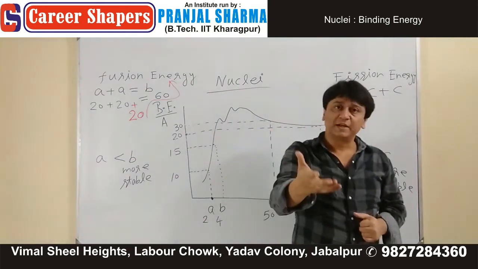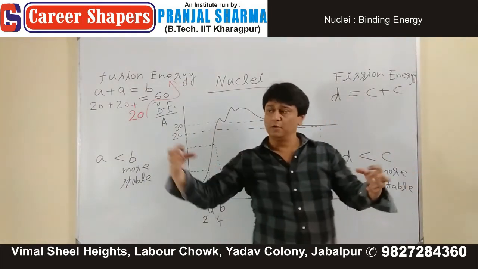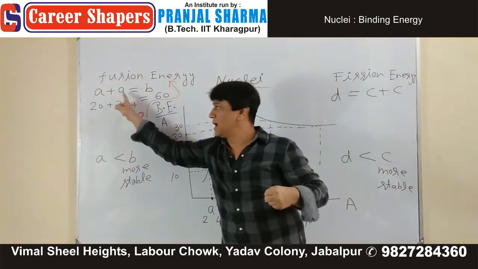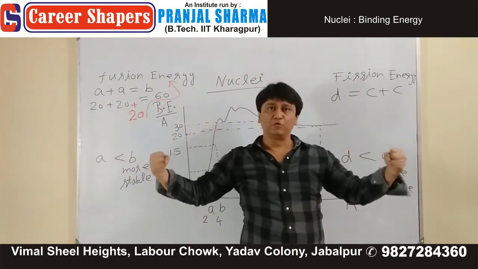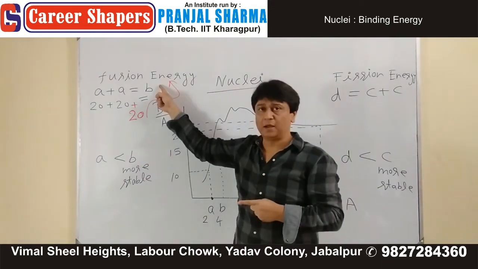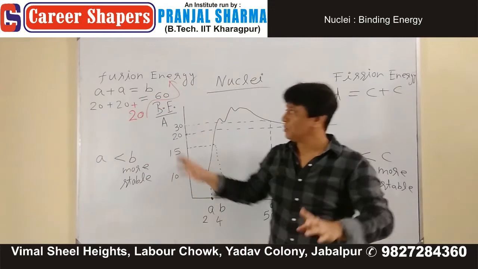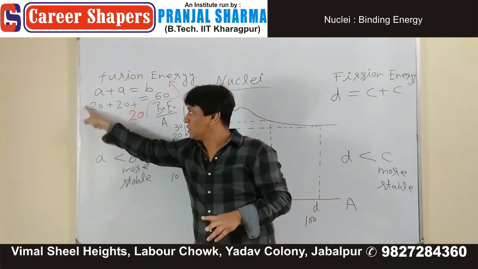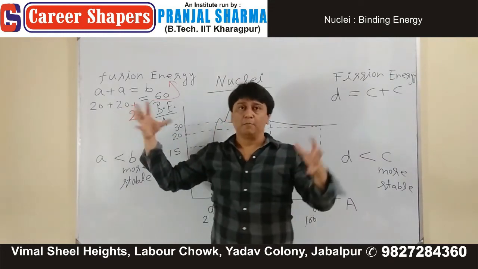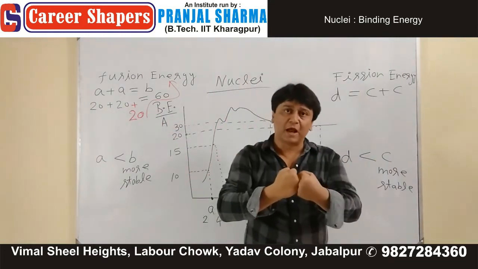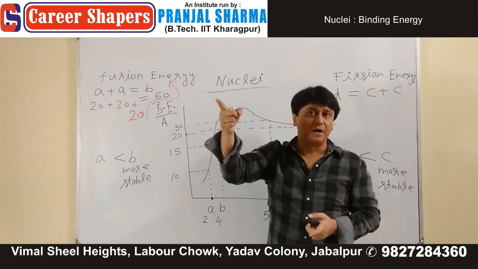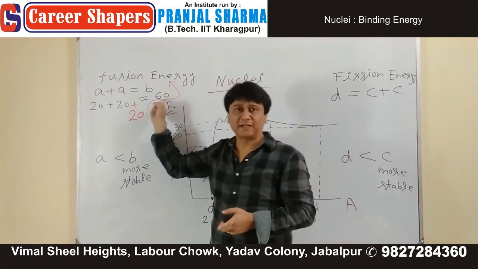But now you decided that you will fuse A with another A. So when you are trying to fuse A and A, you are getting B. But so far, universe has got 20. Universe demands that it should get 60.